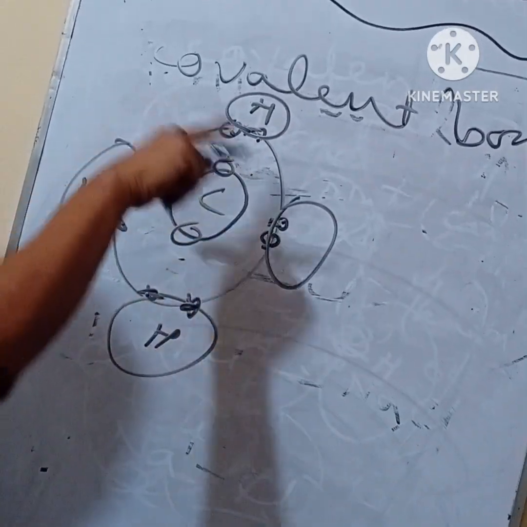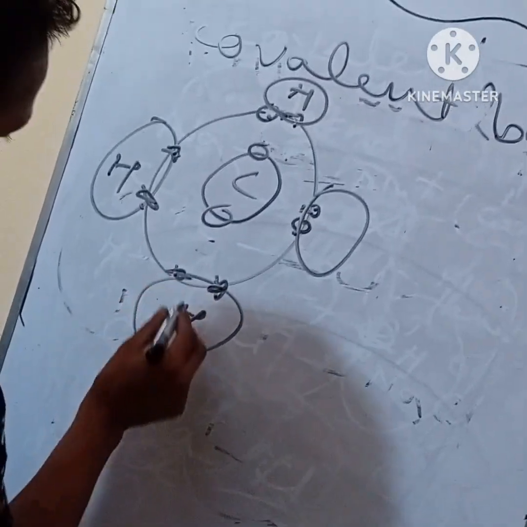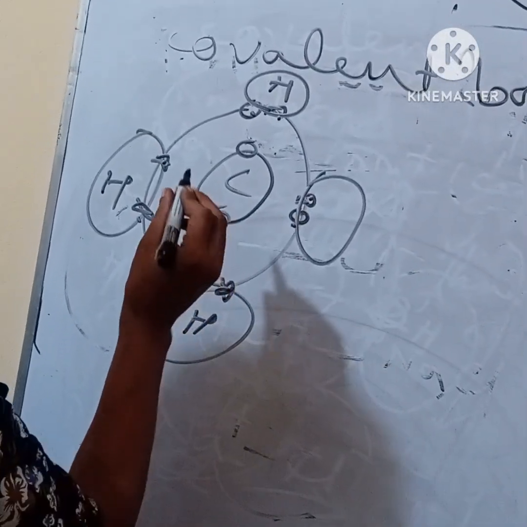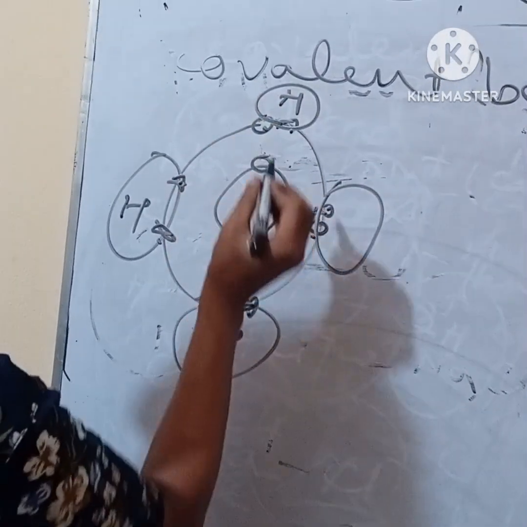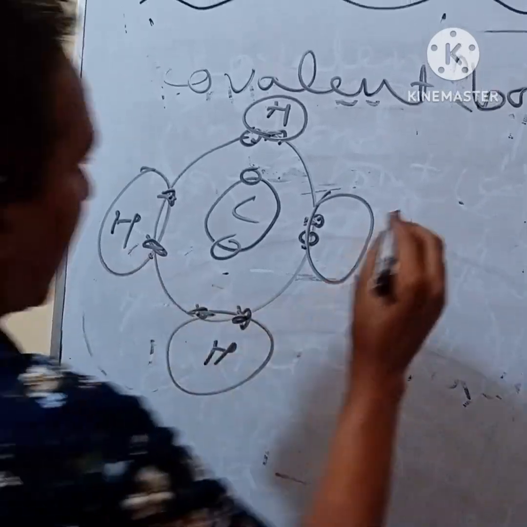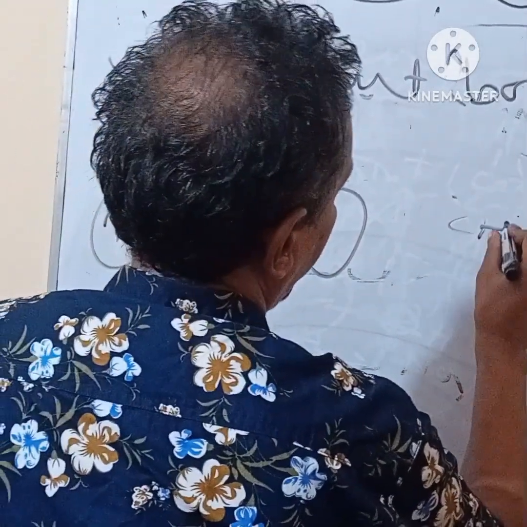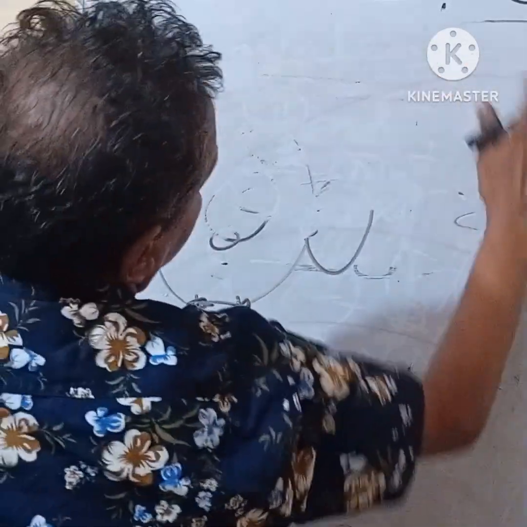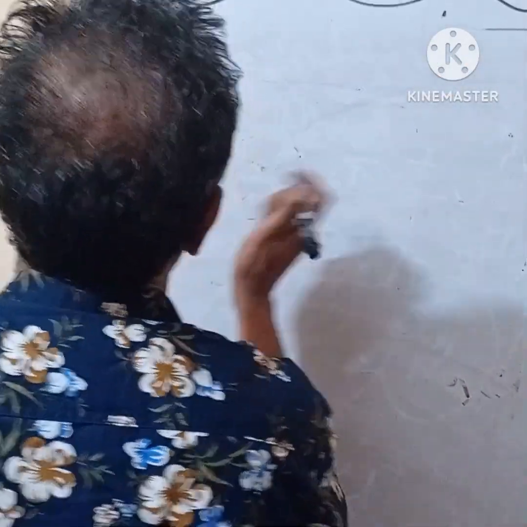Carbon fulfills its outer electrons, and hydrogen fulfills the 2-electron duet system, and then methane is created by a covalent bond. Now we're discussing the coordinate covalent bond.